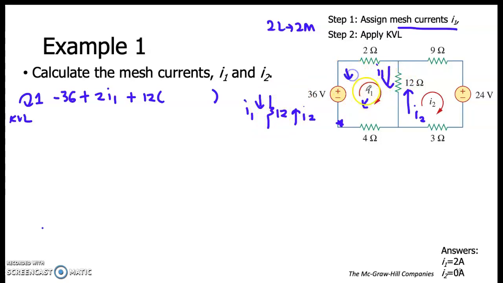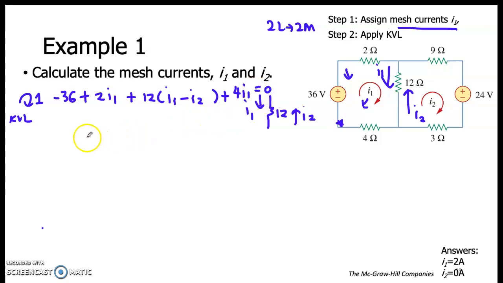So what is the current loop now? The current loop is number 1, right? So it needs to be I1 minus I2, because you are currently in loop 1. And then the last one is 4I1 equal to 0.